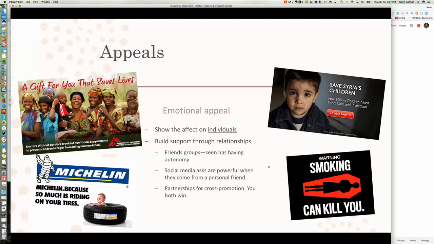Some of the things about emotional appeals: they build support through relationships. They allow people to bond over or feel a part of giving to this emotional appeal.